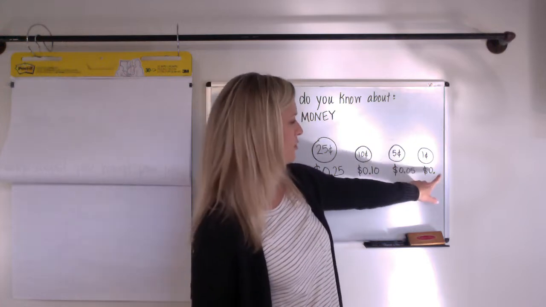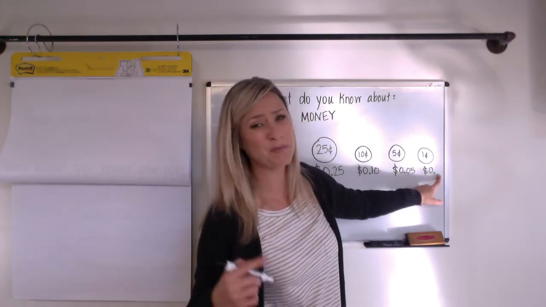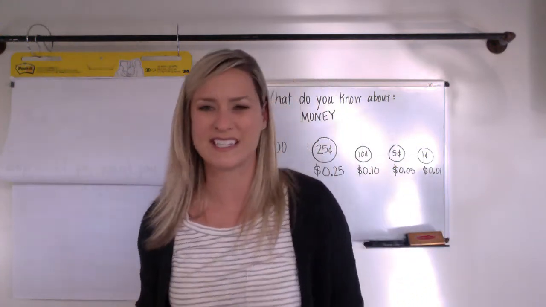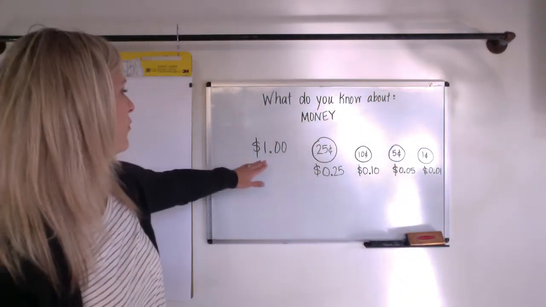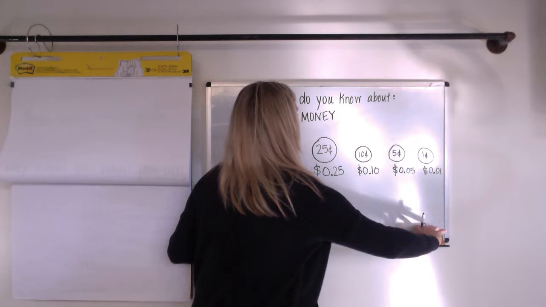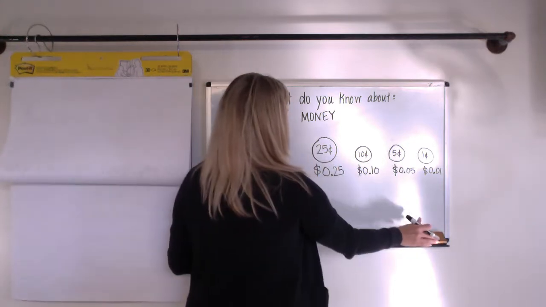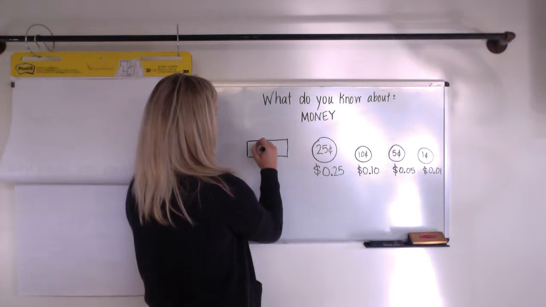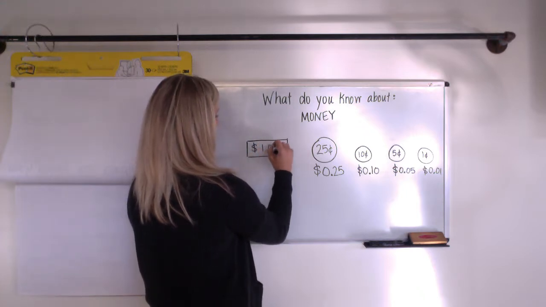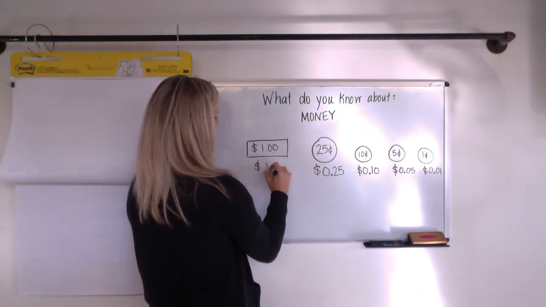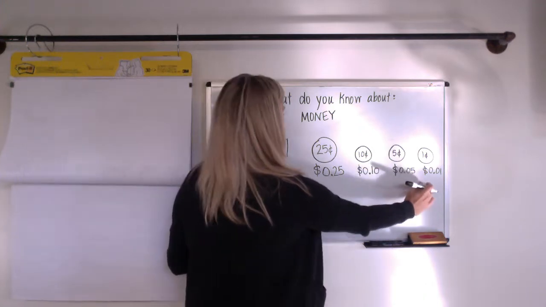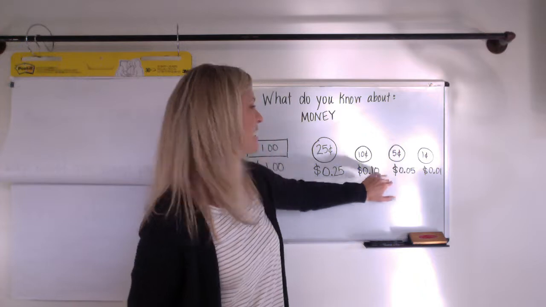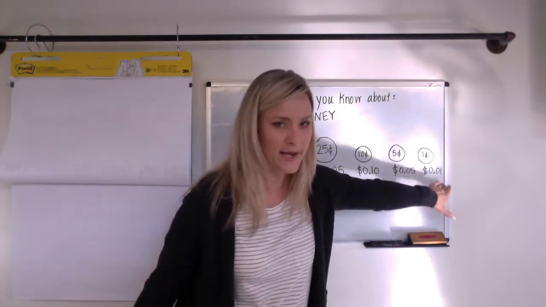Now, I can't put the 1 right there because that would be worth 1 dime. I have to put a 0 and a 1. That's like 1 cent. Actually, I think I want to move my dollar down. I want to have all my fancy pants in one row. So here's my dollar bill. And then I'll put $1. There we go. We have 25 cents, 10 cents, 5 cents, and a penny.